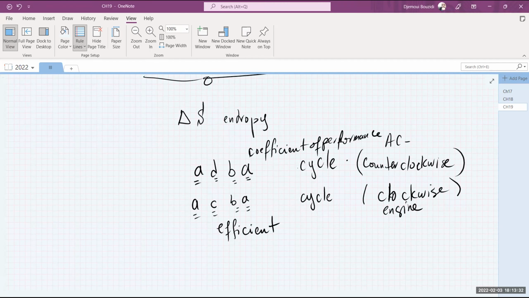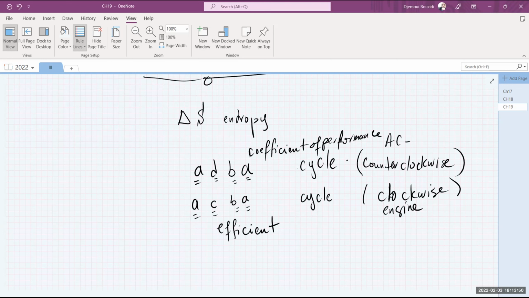Now, come exam time, you're going to be seeing stuff like this. So these problems that we've been doing need to be completed, and the way to complete them is to add the question of the entropy and the other question of how well they are doing, whether it's an AC unit or a heat pump or an engine.